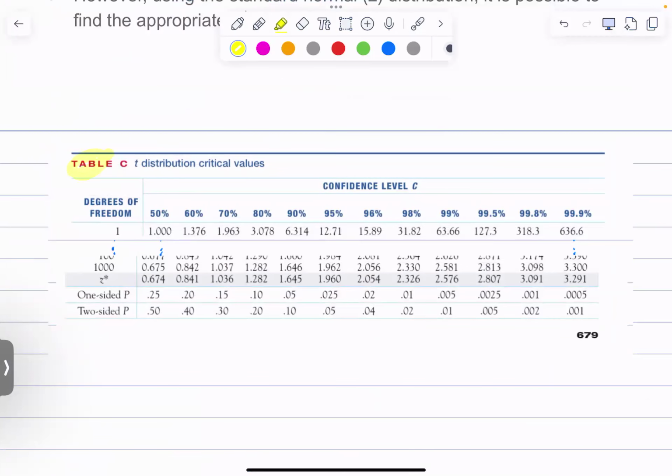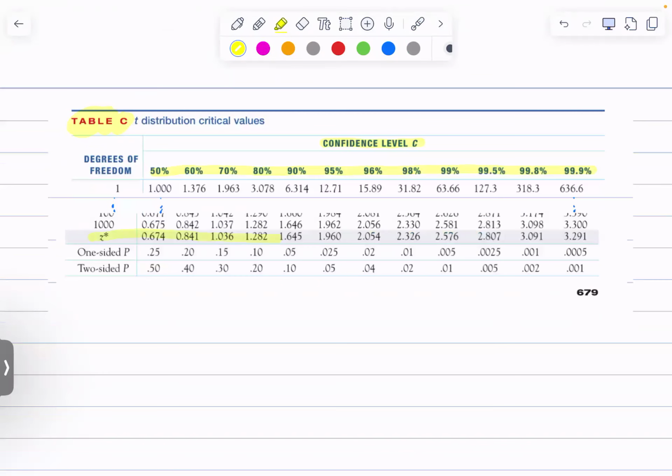So here, this is our first time seeing this new table C, and notice that I've cropped most of it out. The degrees of freedom. All right, we'll get there. But for now, we're just going to work with the confidence level and the Z star.